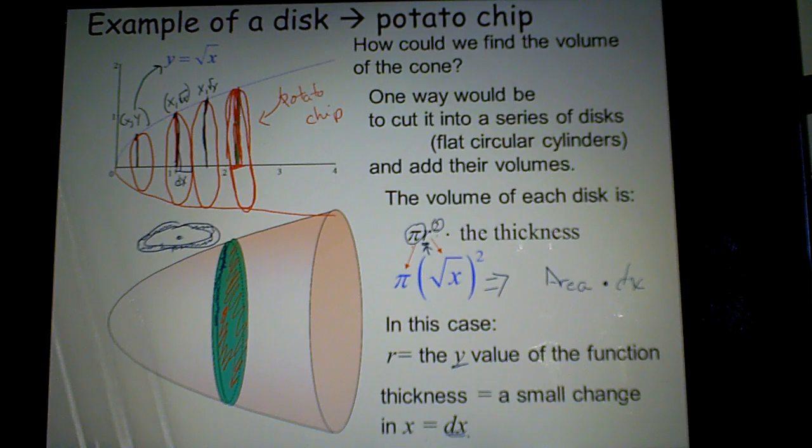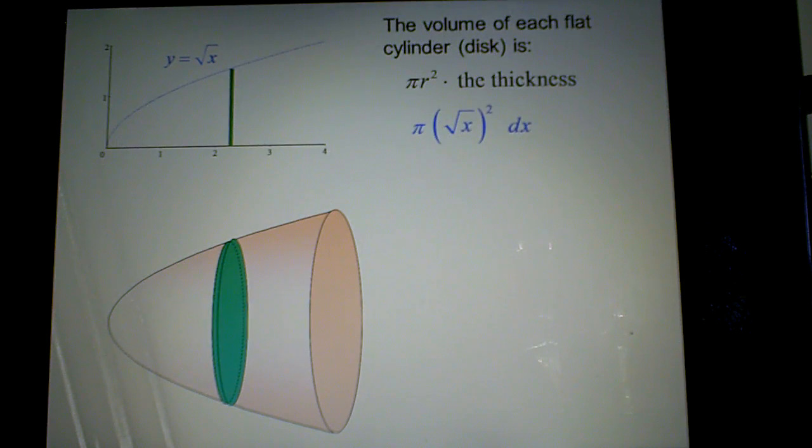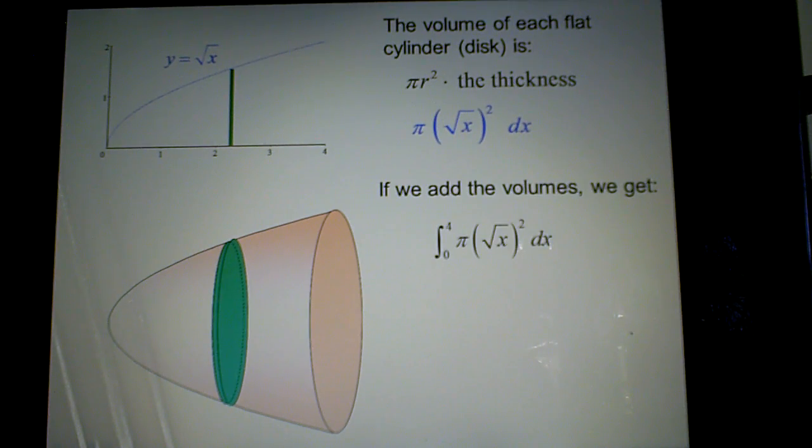Small change in x. That's how you get volume. So the volume of each disk is pi r squared times the thickness, or pi root x squared, dx in this case. Sum them all up from 0 to 4. And there's your calculus.